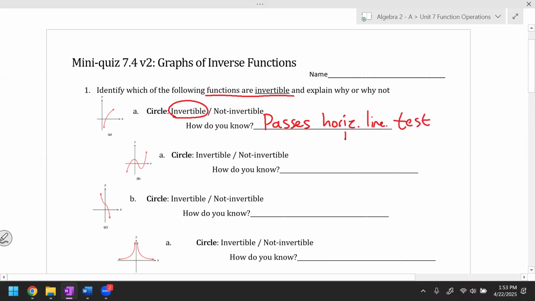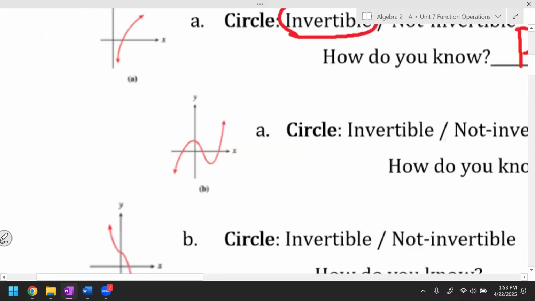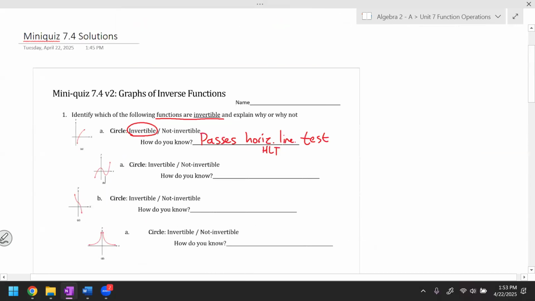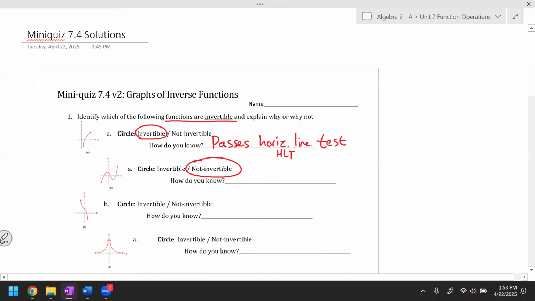I'll just call this the HLT for short. Meanwhile, this graph here, if I pass a horizontal line through it, I will hit it multiple times, there, and there. So this would fail the horizontal line test. This is not invertible. It fails the HLT.